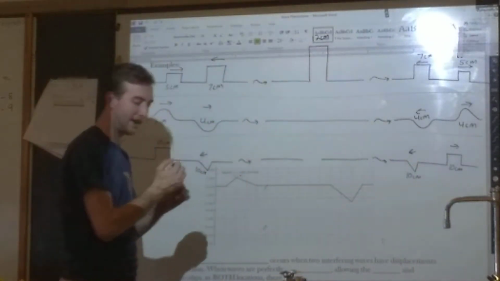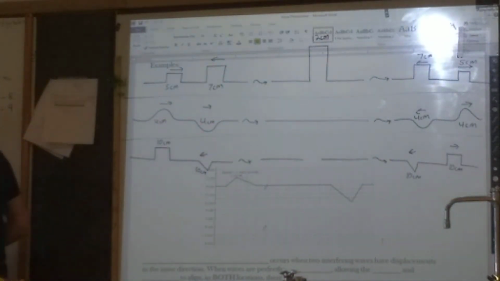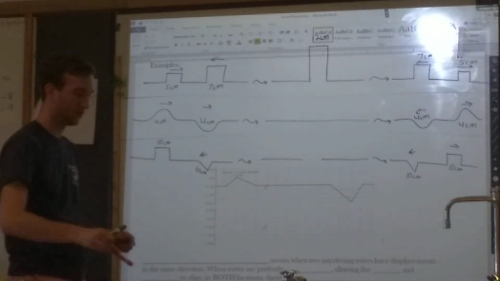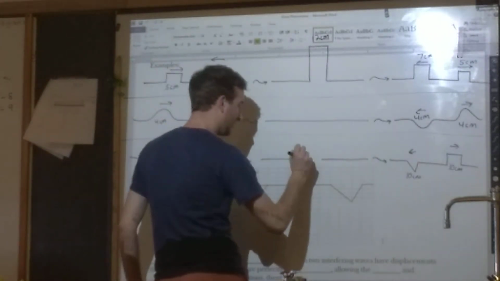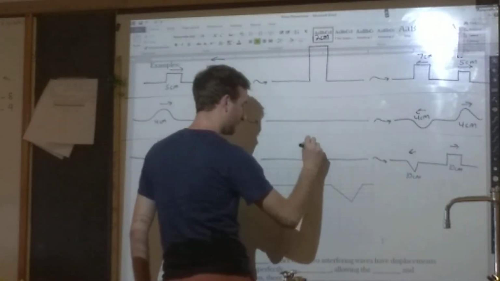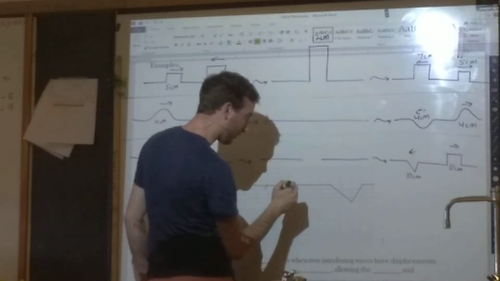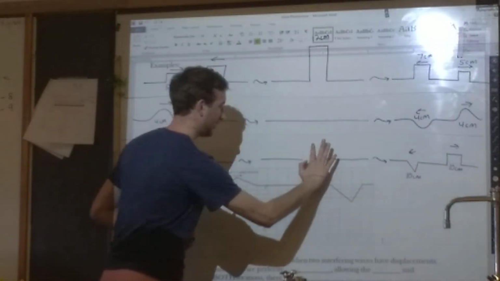Here's a quick way to figure that out. Let me grab some other markers. Okay, here's a real quick way to figure that out. If we draw it like this, here's where the square part of the wave would be. Go a little higher.